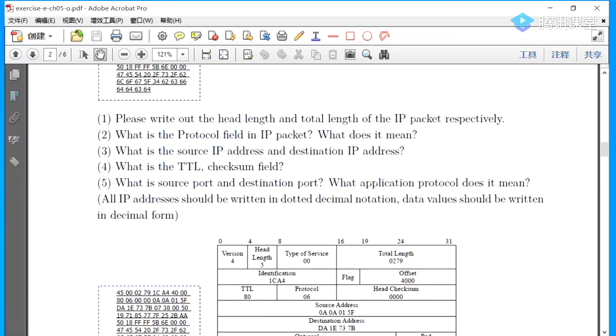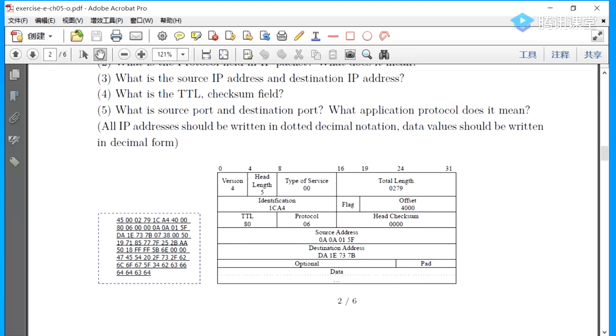Okay. Question 3. What is the source IP address and destination IP address? So just now we filled 0A0A015F into the source address, and DA1E737B is filled into the destination address.